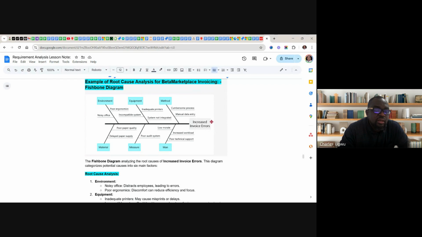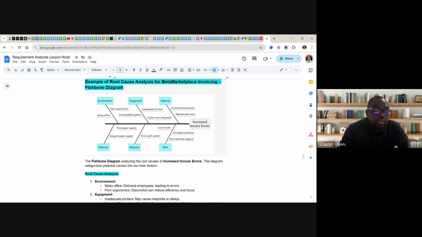What could be the likely cause of an increase in invoice error? Let's look at the method of invoicing. In the method, we have a cumbersome process. The method is very cumbersome.